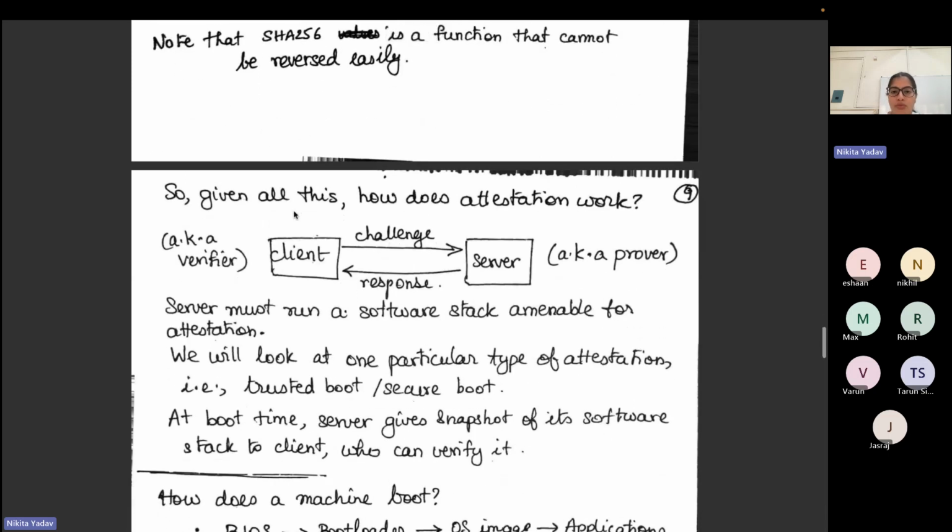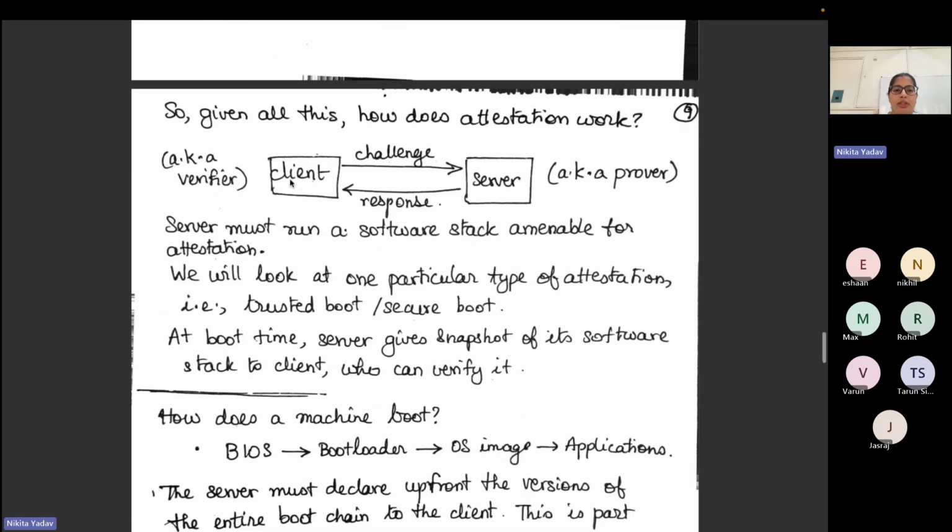Now, given all of this, how does attestation work? We have the client, aka the verifier, and the server, aka the prover. The client gives a challenge to the server: what is your software stack, and give me a proof of that.